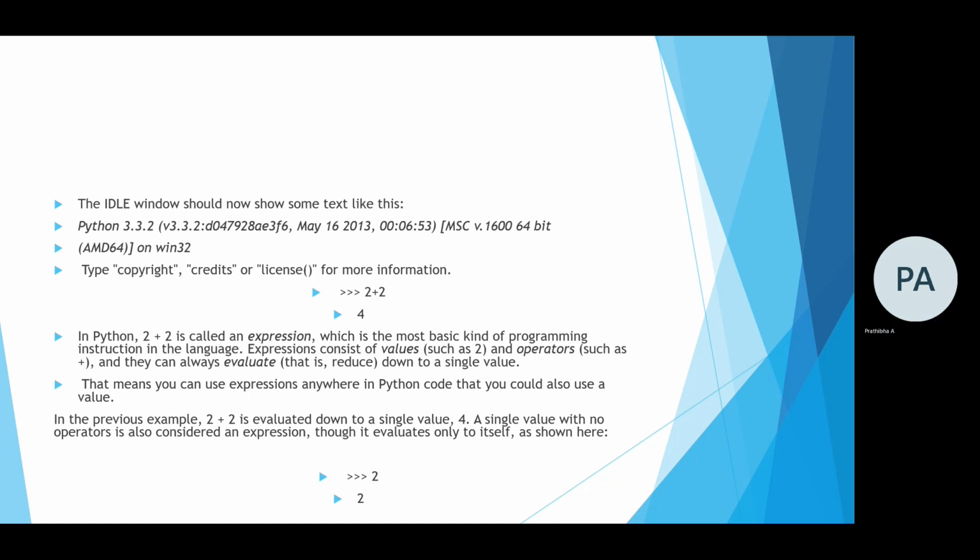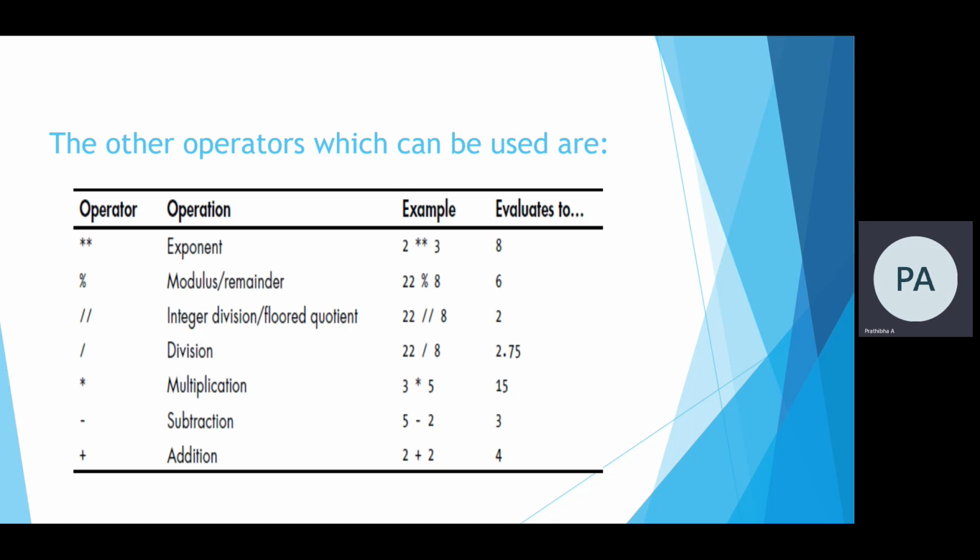There are other operators which can be used as well. You can see we have the exponent operator, the two asterisk symbols, which takes you to the power; for example, two asterisks with a 3 calculates 2 to the power 3. Then you have modulus, which gives you a remainder. Then we have two slashes for division.